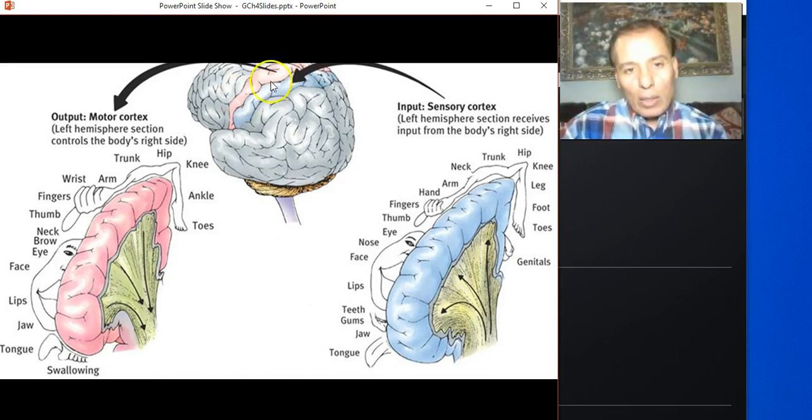If you have a transverse cut here, you can see, for example, the tongue. All these neurons process signals to move the tongue. And then the signals go down through the axons until they reach your brain stem.